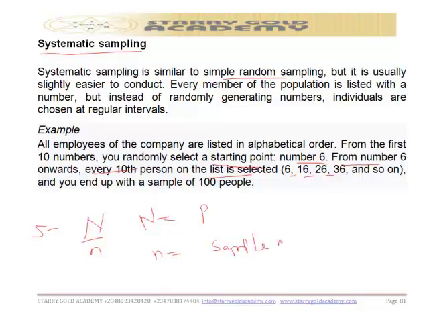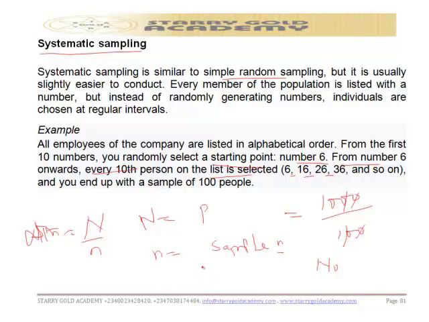So what you will do is 1000 over 100, that is 10. We call this the nth time, so in this case it is every 10th.